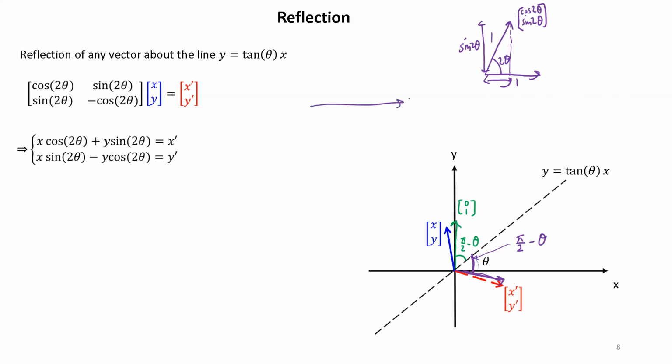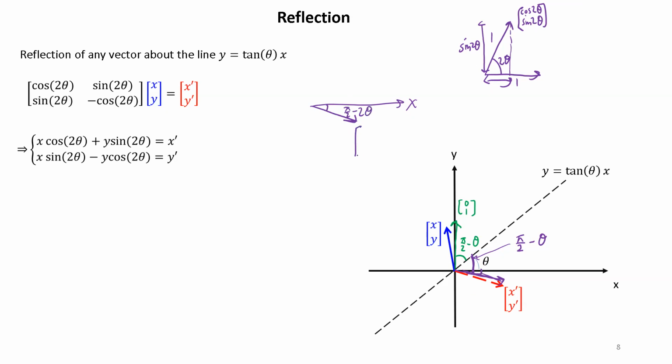This is my x-axis, and I have a vector over here. I need to know this small angle here. What is it? It's pi divided by 2 minus theta. So this is pi divided by 2 minus 2 theta.